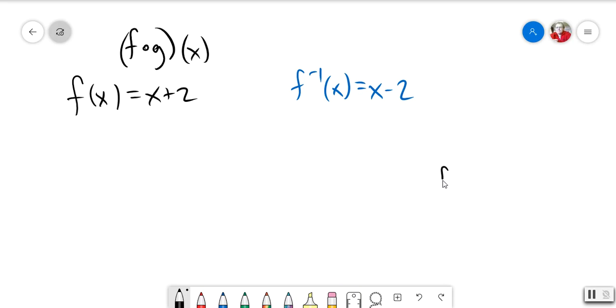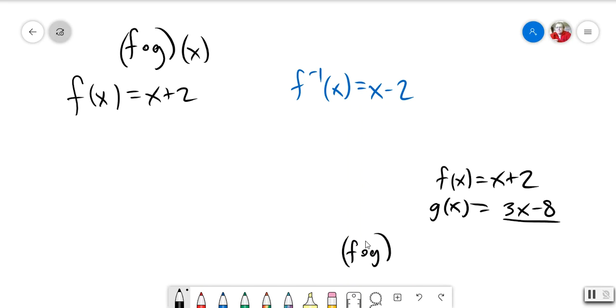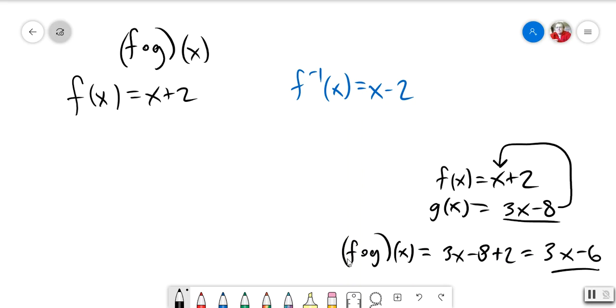To give a quick example, if I had f(x) equals x plus 2 and g(x) equals 3x minus 8, and we said f composed with g, that just substitutes the g back into the x. So we have 3x minus 8 dropped in place of the x, plus 2. The negative 8 plus 2 is negative 6. So f composed with g of x is 3x minus 6. So what we want to do this time is compose f and inverse f.